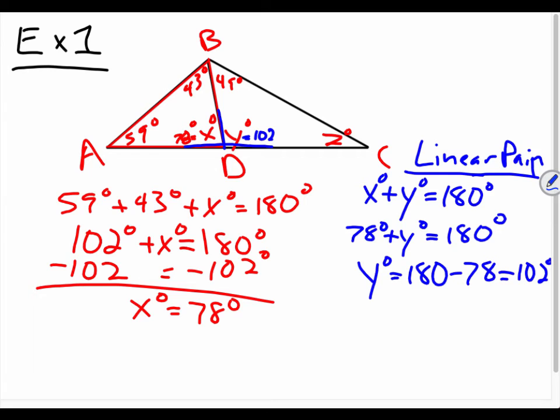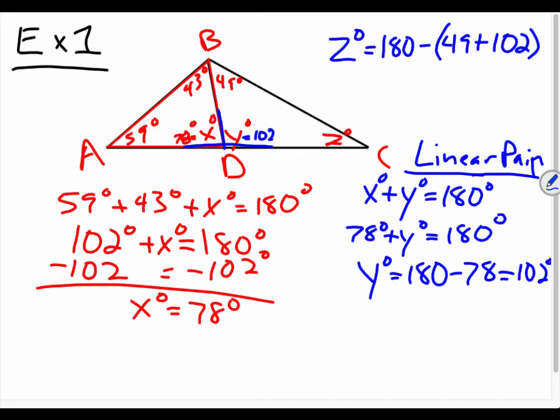Now, how do I find Z? Well, will this confuse you if I do this? 180 minus the 49 plus 102. Do you know where that comes from? Basically, all three of these have to add up to 180. If you add those up and subtract it from 180, that gives you the angle, right?